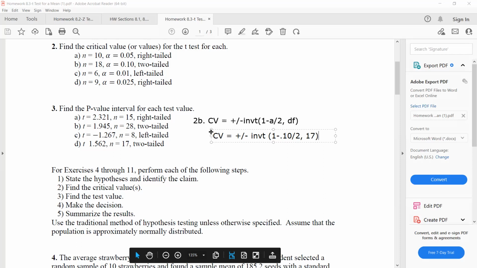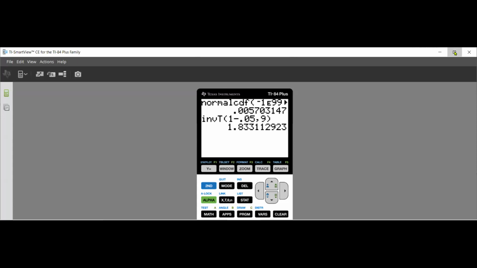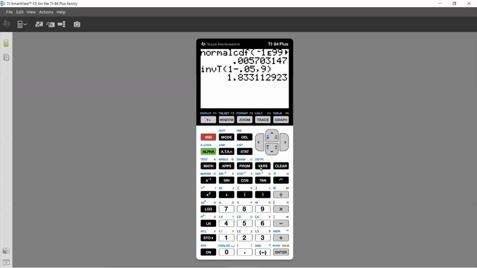Okay, put it in your calculator. So I'm going to put it in the calculator here. We get second distribution, inverse T, number 4. Here it's 1 minus 0.10 divided by 2 with a degree of freedom of 17. We paste it.